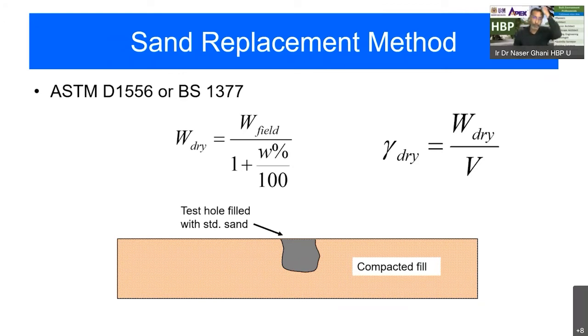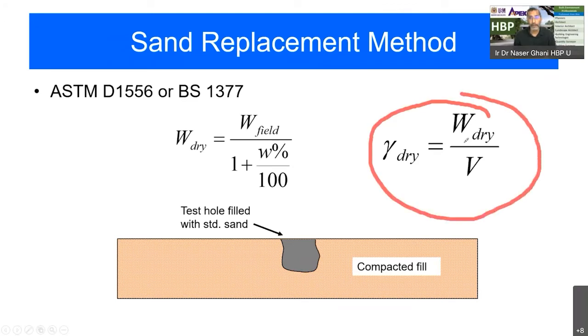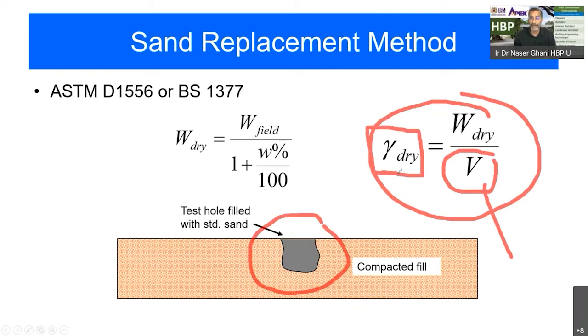So if you look at this formula here, this is why we need to know the volume of this hole, because we need to identify the gamma dry. Remember the gamma dry, the density or unit weight, gamma, equals weight over volume, weight or mass over volume, right?